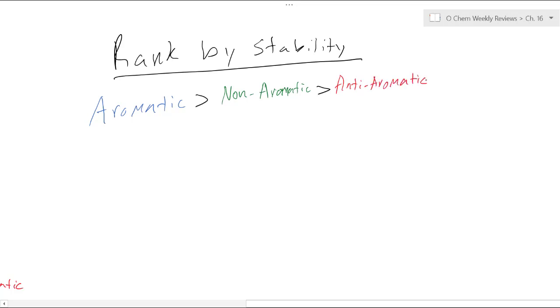Just to refresh, in terms of stability, we'll talk about stability and Huckel's rule.